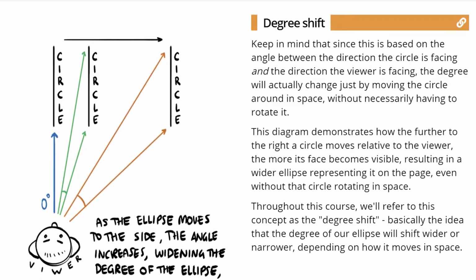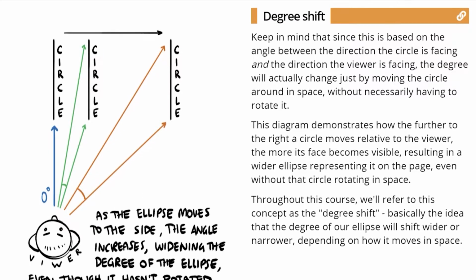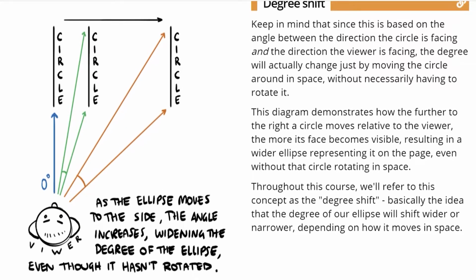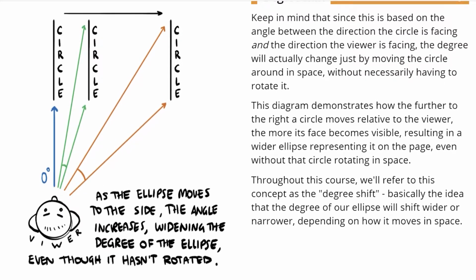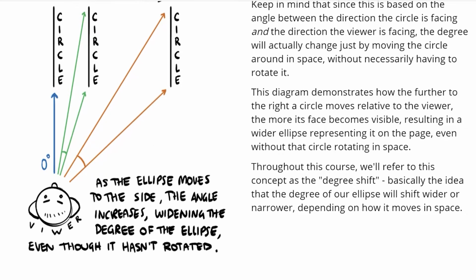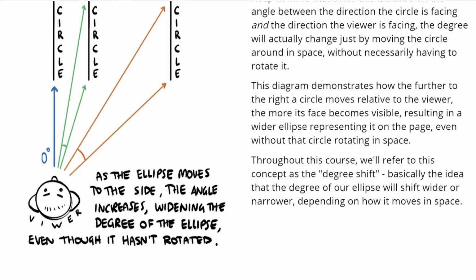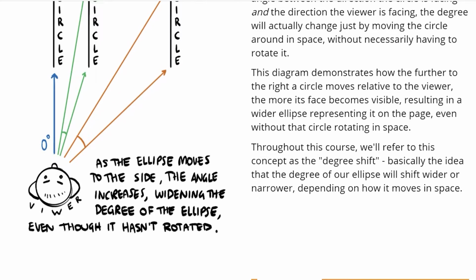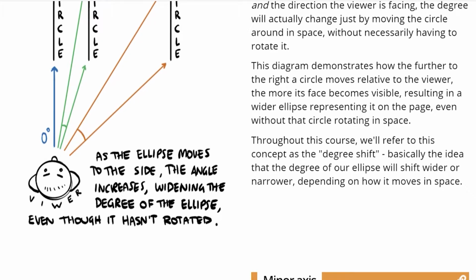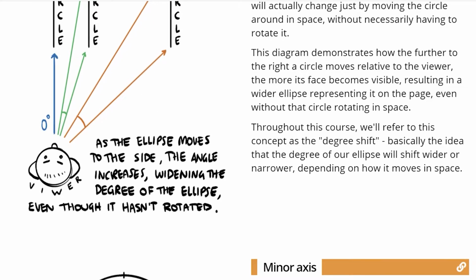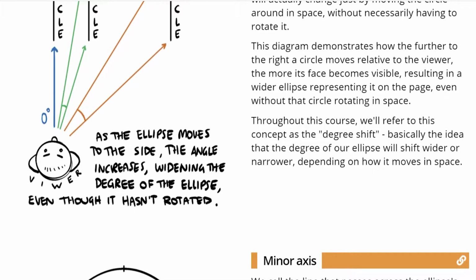This diagram demonstrates how the further to the right a circle moves relative to the viewer, the more its face becomes visible, resulting in a wider ellipse representing it on the page, even without that circle rotating in space. Throughout this course, we'll refer to this concept as the degree shift. Basically, the idea that the degree of our ellipse will shift wider or narrower depending on how it moves in space.